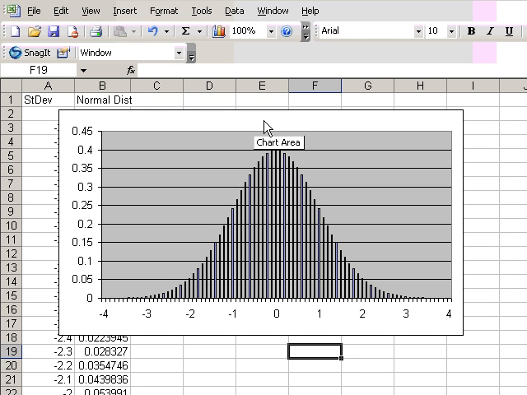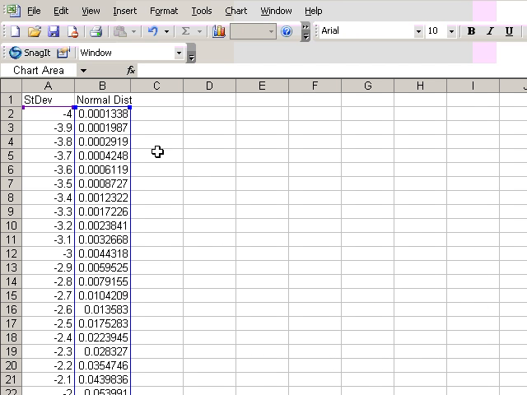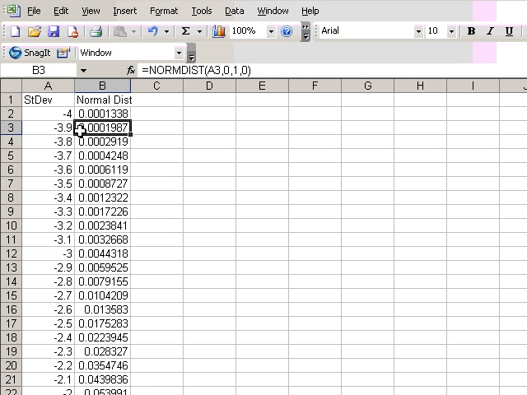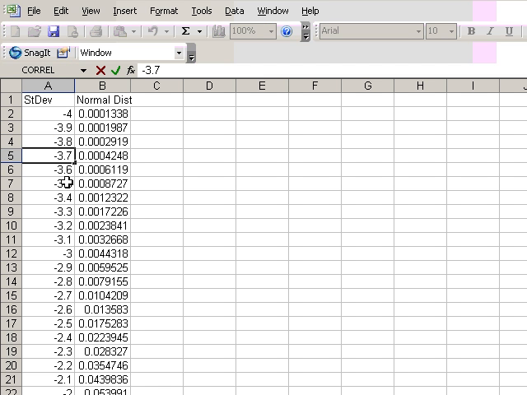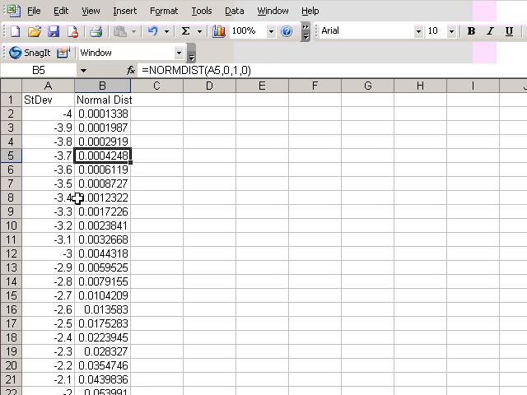This is an attractive picture that is generated if we calculate normal distribution values at each point along this string.